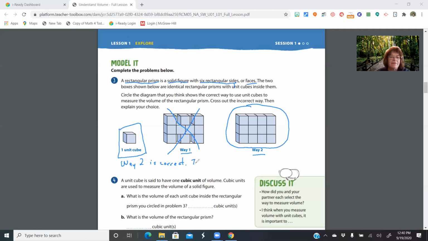In way 1, what's wrong with way 1? In way 1, the cubes, let me write that again. I don't like the way it looks. In way 1, the cubes have spaces and gaps between them.